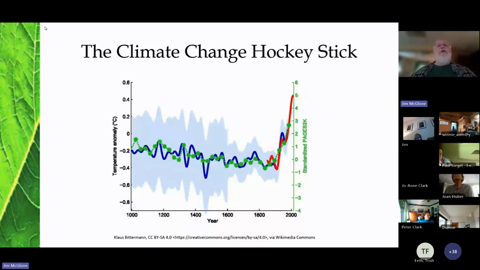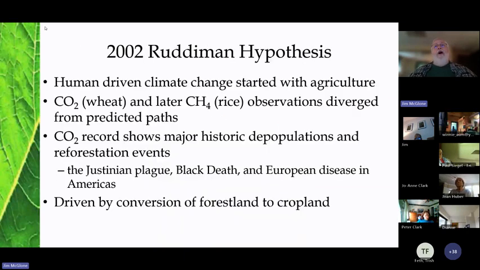In 2002, Professor Ruderman down at the University of Virginia was studying the models that tried to explain the Pleistocene ice ages.